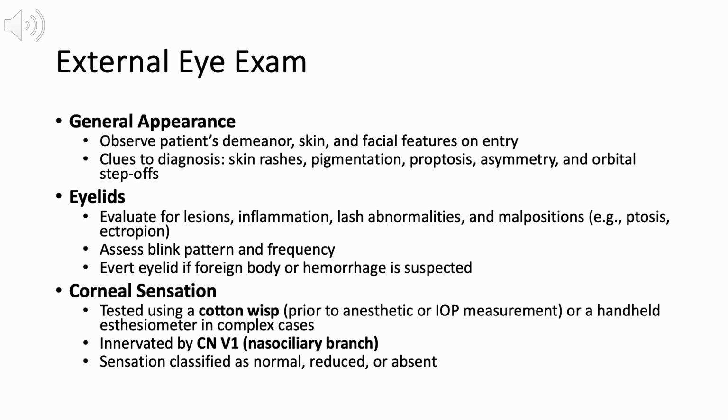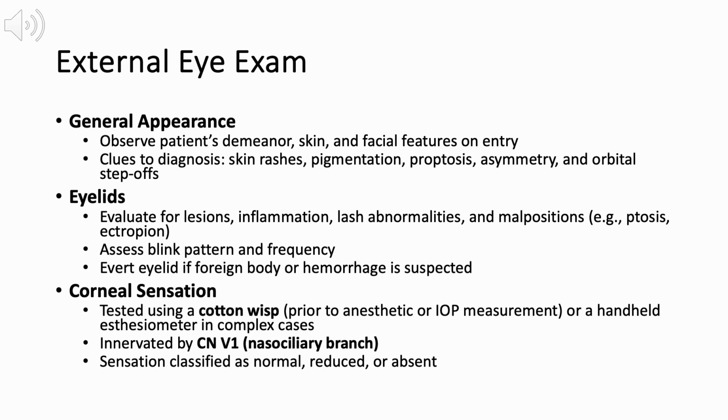The eyelids should be evaluated for lesions, inflammation, lash abnormalities, and malpositions such as ptosis or ectropion. Additionally, observe the blink pattern and frequency, which may provide insight into ocular surface health. If a foreign body or hemorrhage is suspected, eyelid eversion is essential.